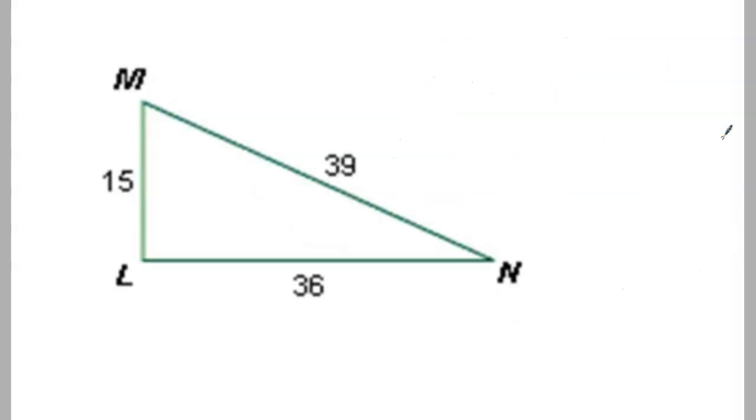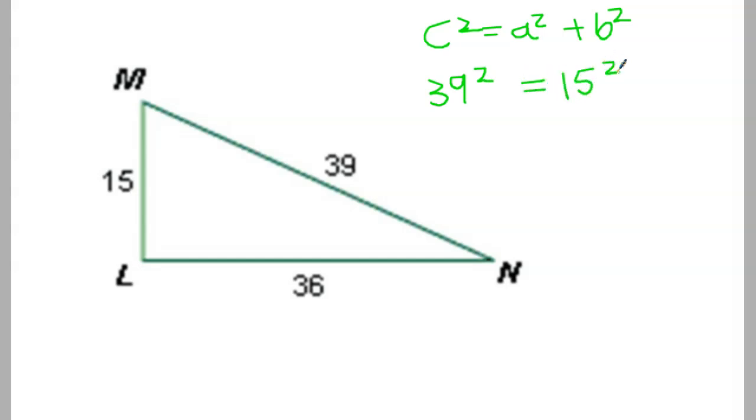Okay, so this is the last one. See if you can get this one right. Pause and see if you can get it right. C squared equals A squared plus B squared. 39 squared equals 15 squared plus 36 squared. That gives us 1521 here. This gives us 225.